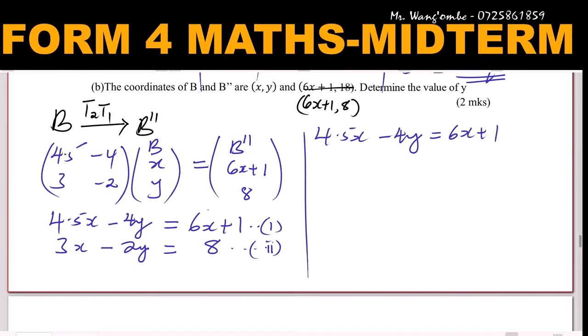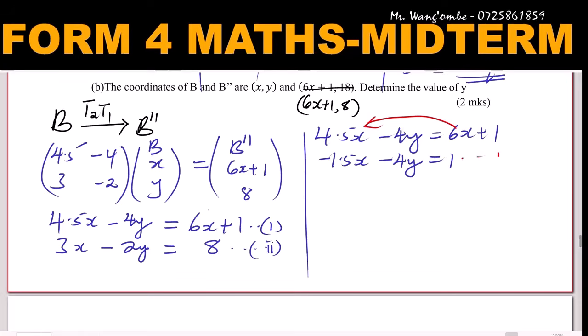So I can reorganize these to have x and y on the left hand side. I will have negative 1.5x minus 4y is equals to 1. So what I've done is simply bringing these to the left hand side.